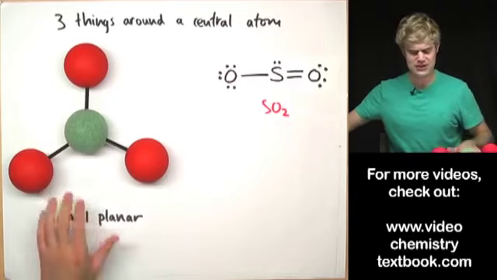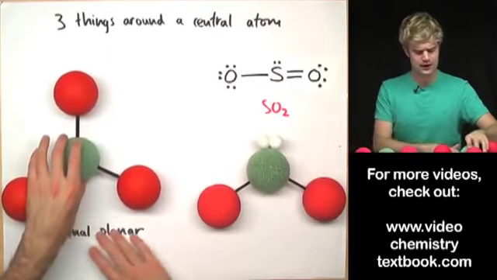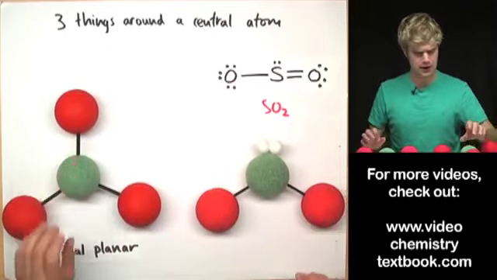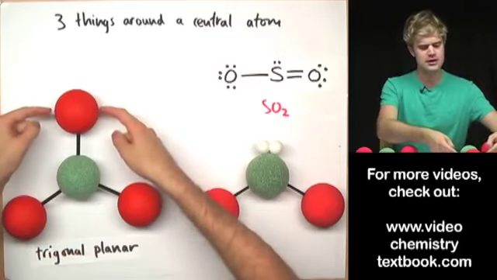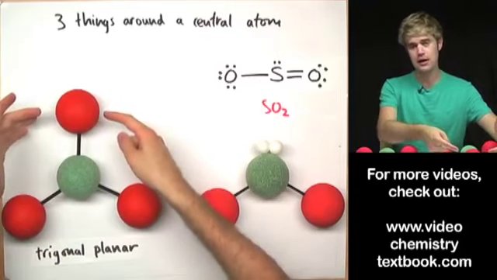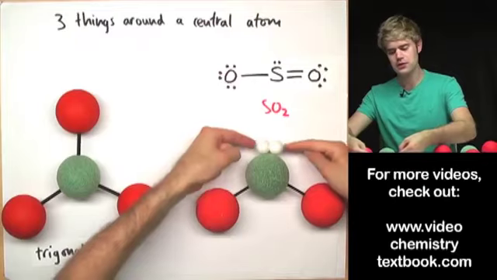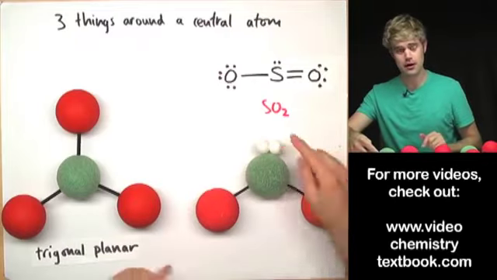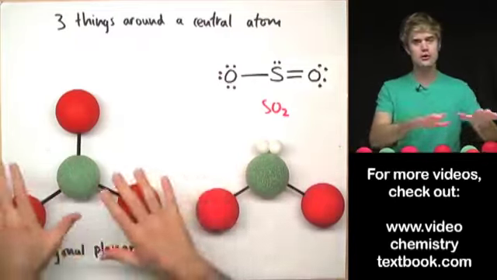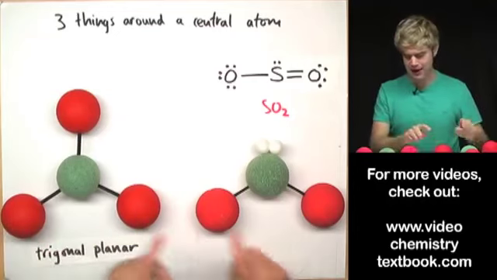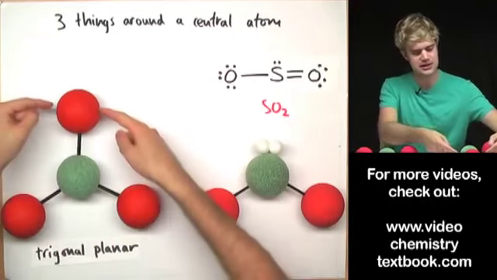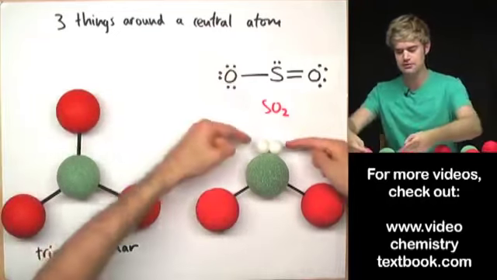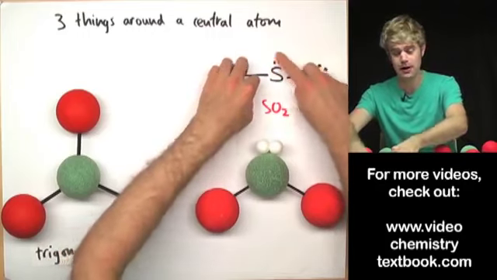Now, in SO2, we're going to get a shape that's very similar, except that one of these atoms from the trigonal planar shape is going to have been replaced by an unshared electron pair. But otherwise, look at how similar they are, okay? It's atom, atom, atom, atom. It's just this atom here has been replaced by this unshared electron pair.